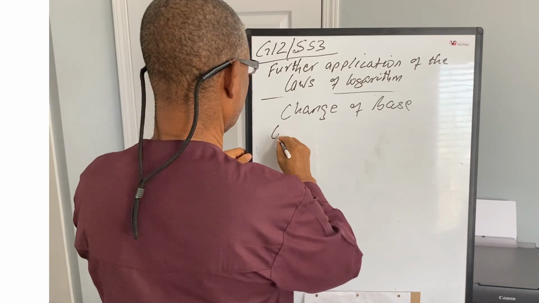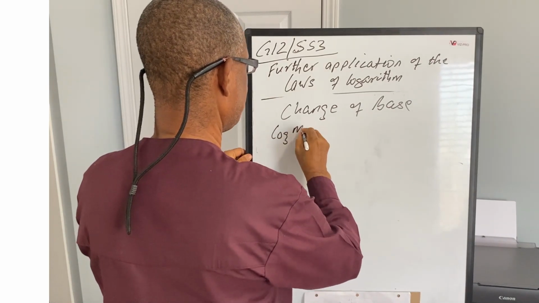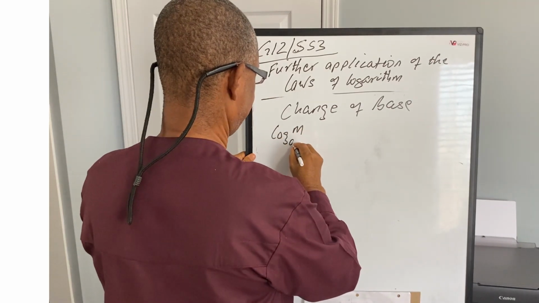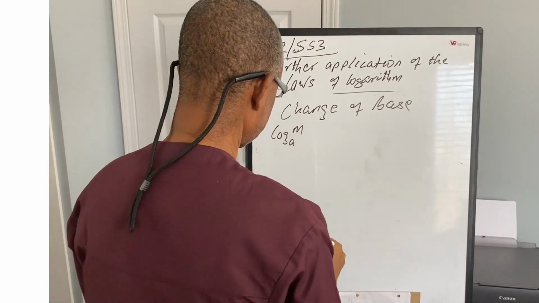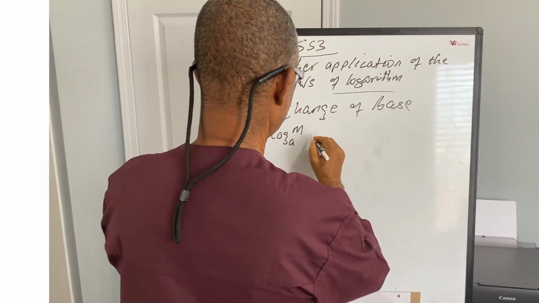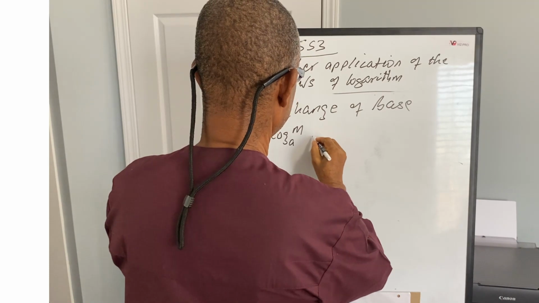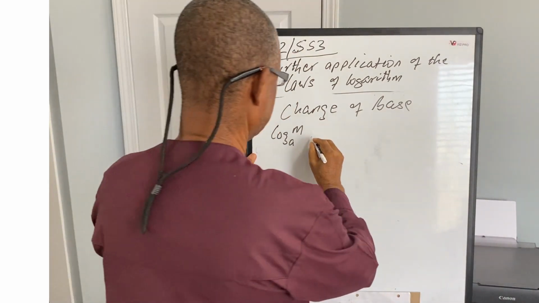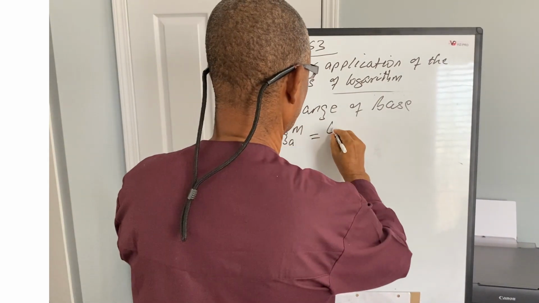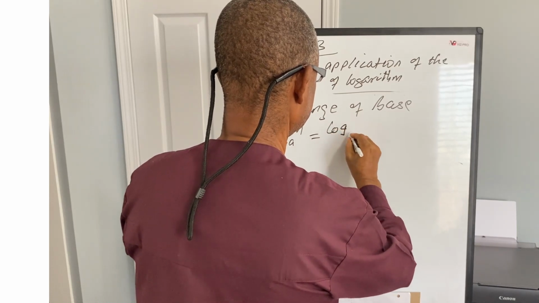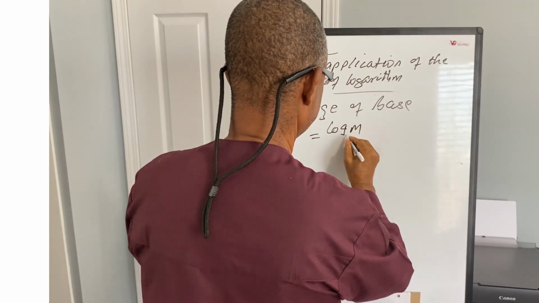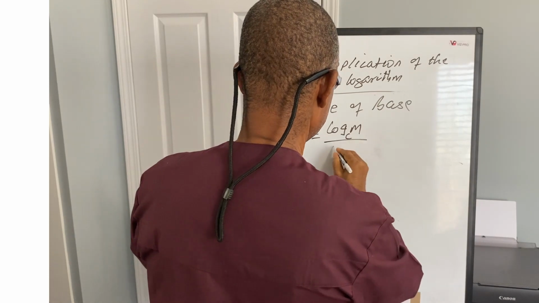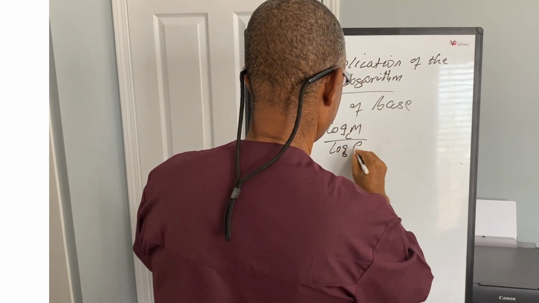If you have log m base a, and it's not possible, in change of base, we now have log m, and you can use a base log a base c.